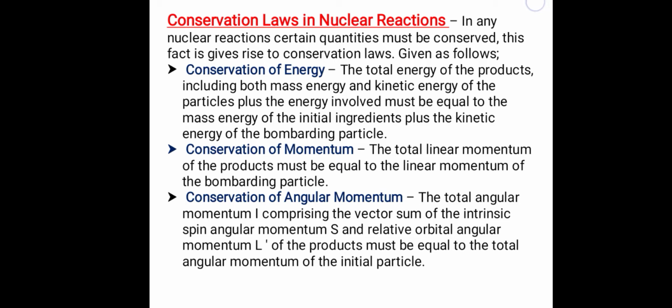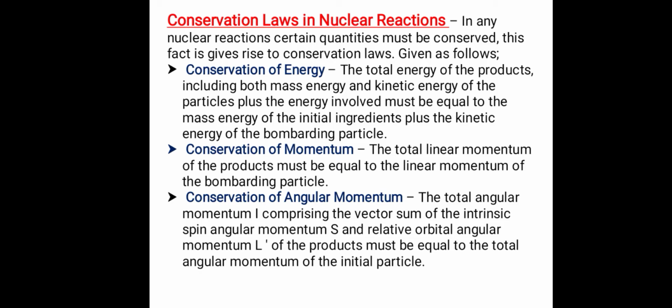The total linear momentum of the product must be equal to the linear momentum of the bombarding particle. Similarly, the linear momentum of the LHS and RHS should be equal. The linear momentum of the product, meaning the RHS side, must be equal to the linear momentum of the bombarding particle, the incident particle.